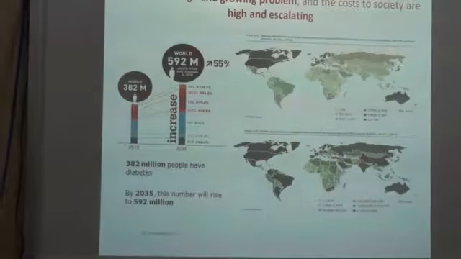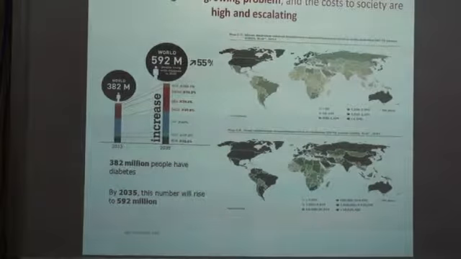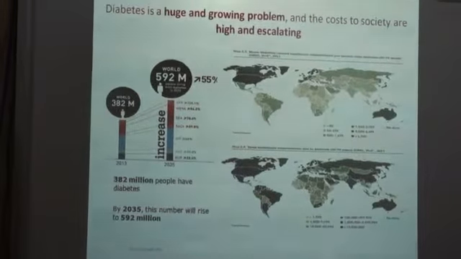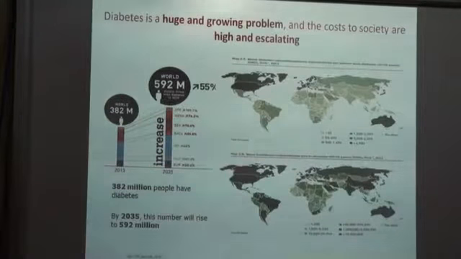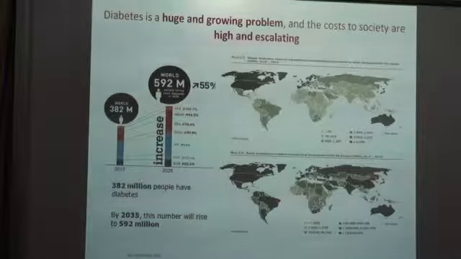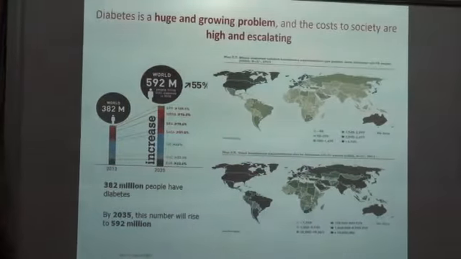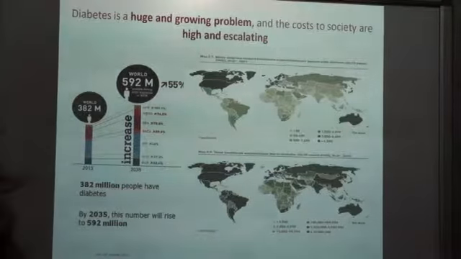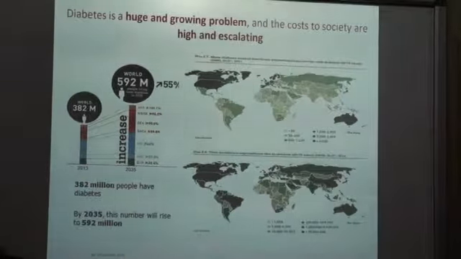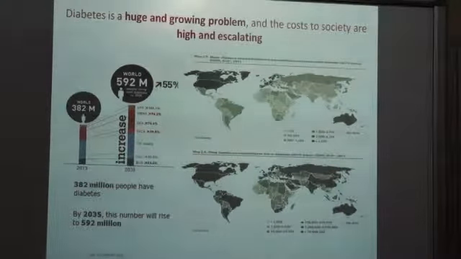Diabetes disease is a very common health problem and it's getting increased with time. So that we see right now in 2013 about 400 million people are diabetic, and this number is growing to be about 600 million people.